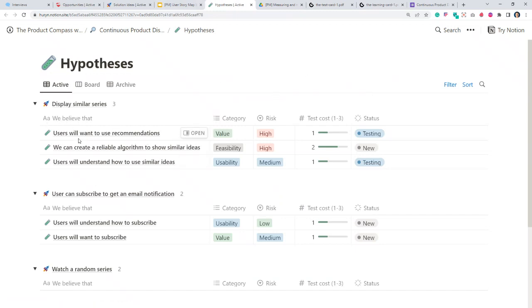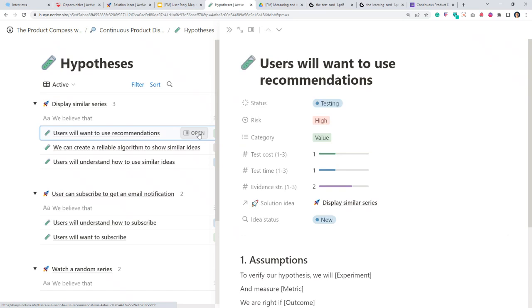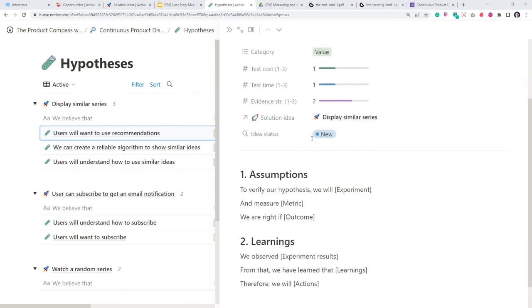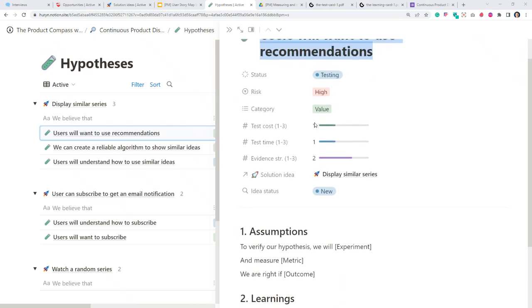So if we open, for example, this one, users will want to use recommendations. As you can see, there is a hypothesis: we believe that users will want to use recommendations. The risk related to this hypothesis is high. It means that if this hypothesis is not correct, there is a high risk for the idea. This is a value risk.